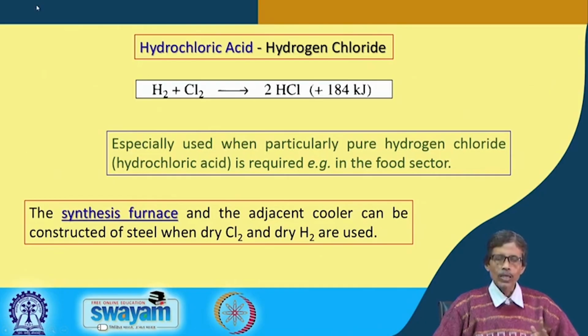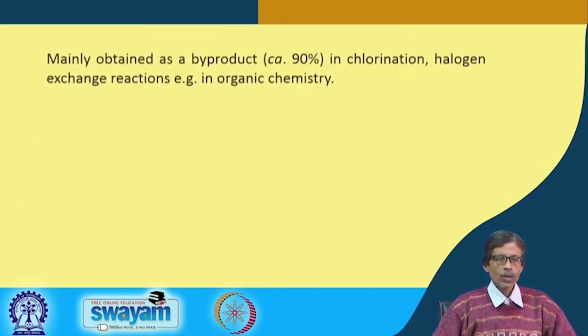So we should have not only a trap for the moisture or water vapor, if sometimes it comes, but also a trap for the unreacted Cl2 or unreacted H2 which can go out along with the hydrogen chloride gas produced from this reaction.